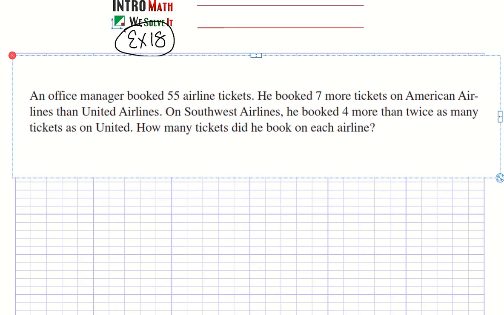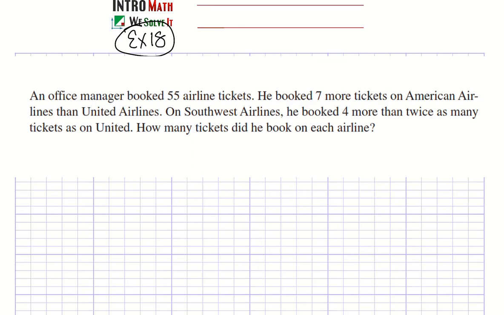Okay, let's read that. It says an office manager booked 55 airline tickets. He booked 7 more tickets on American Airlines than United Airlines.